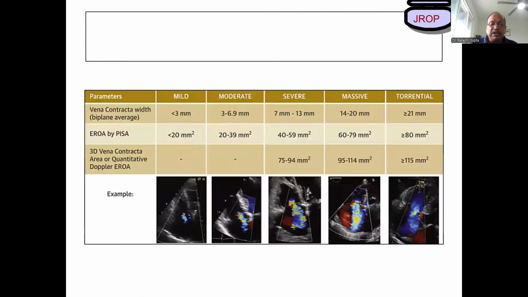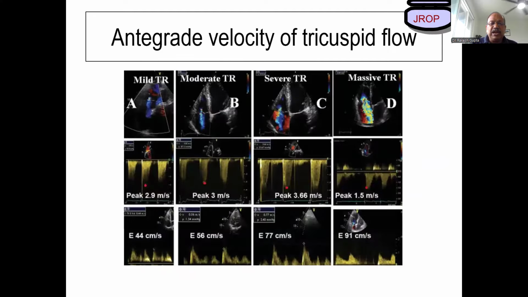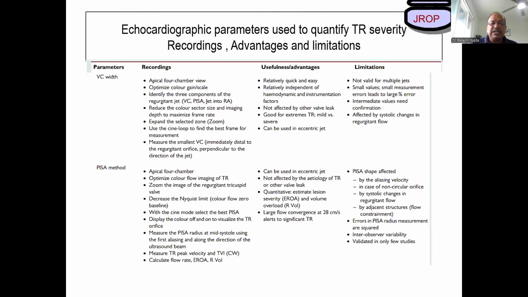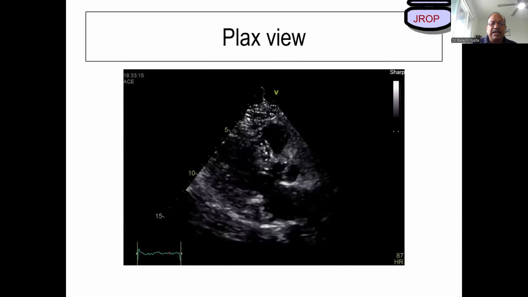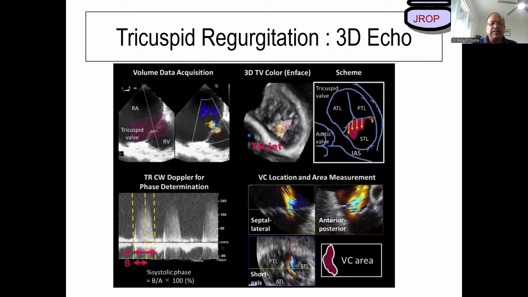That's why, over a period of time, we have started working not on two dimensions. Now, if you really ask me the severity of a tricuspid regurgitation, I'll go to my three-chamber view and put a cursor across. Now, this is a volume acquisition. Here is a vena contracta.